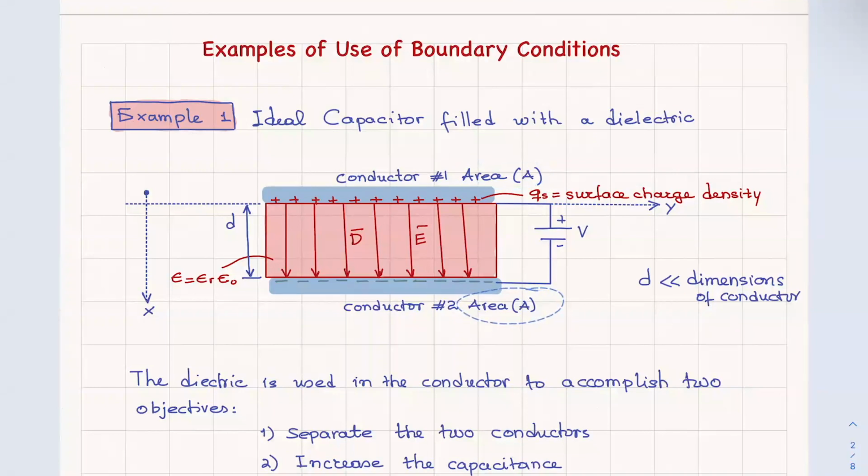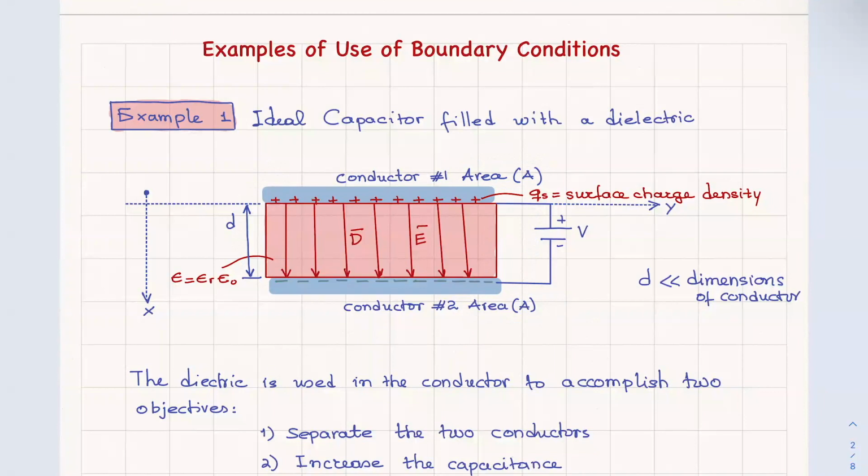What we mean by saying that they behave as infinite conductors is that we assume that we don't have edge effects, as I discussed in class. We assume that the field is not going to be impacted by the terminations of the conductors. And what does that really mean?